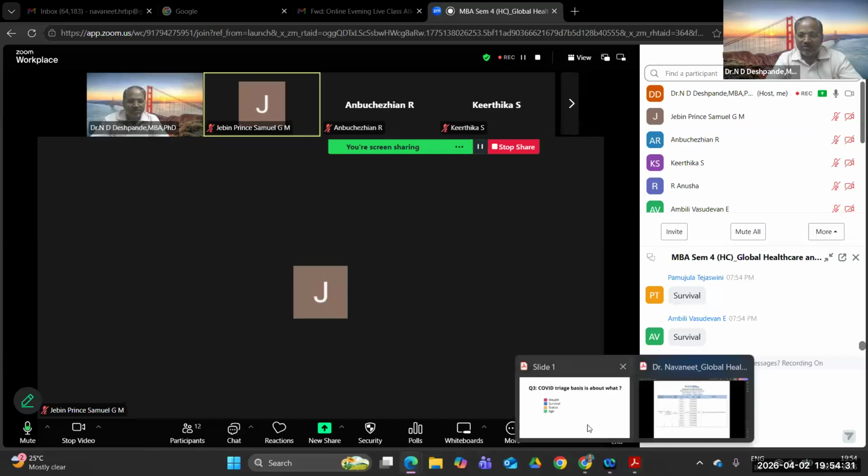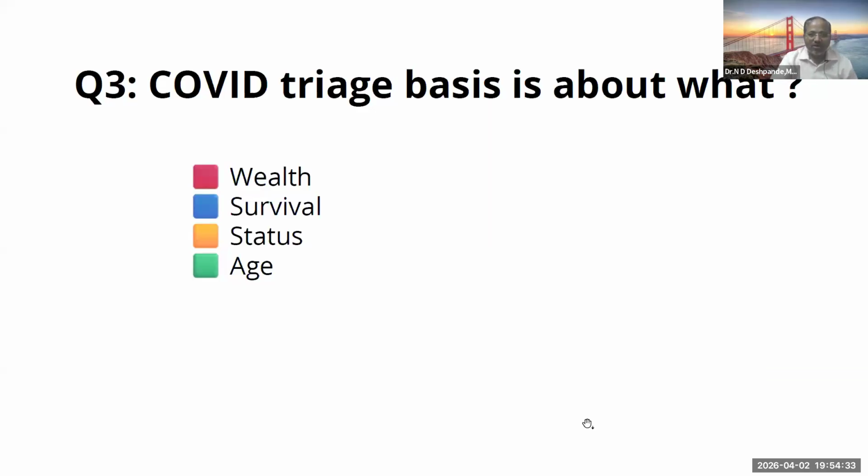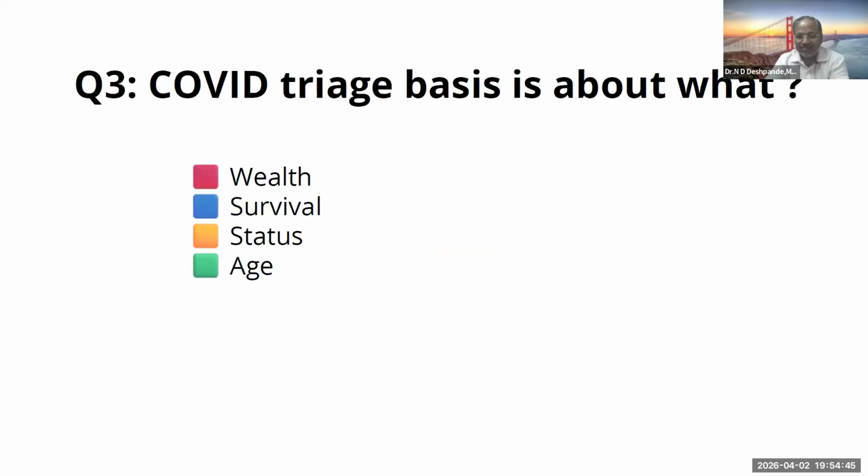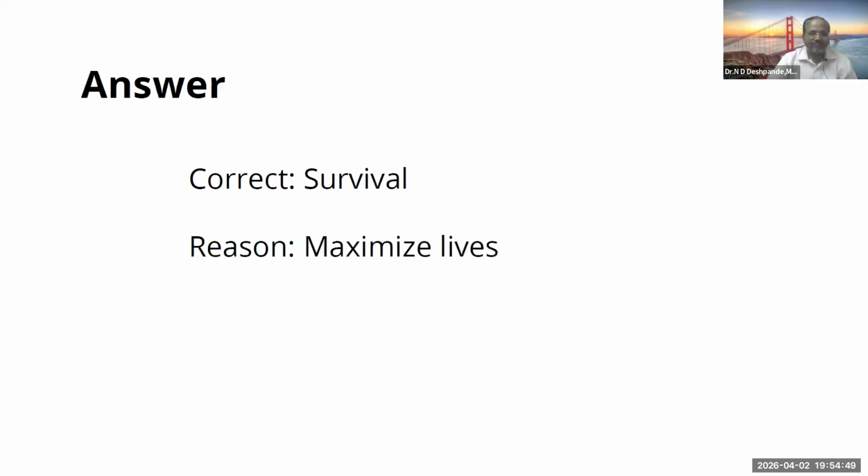Survival. COVID triage basis is about survival because we have to ensure that maximum people live and come out of the pandemic. The correct answer is that COVID triage basis is about survival rather than wealth, status, age, or law.